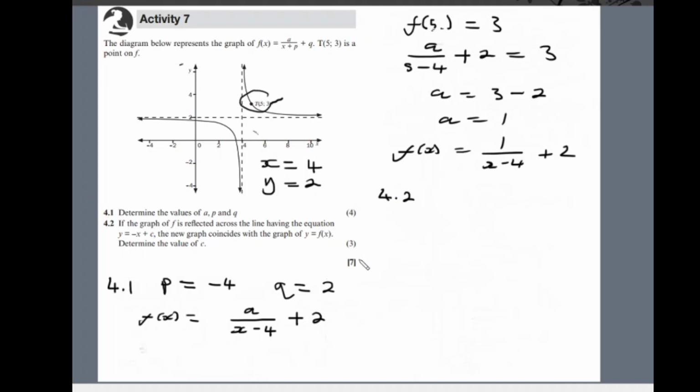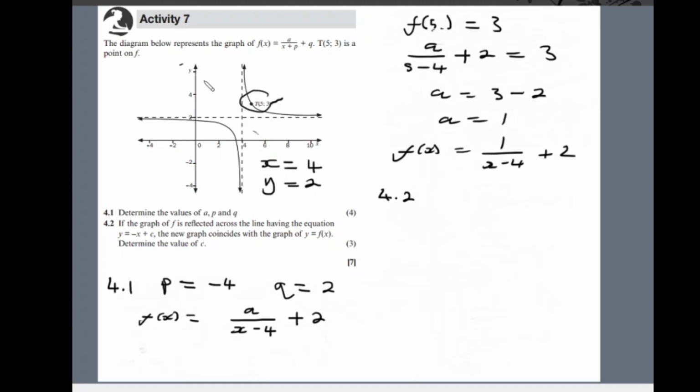Okay, and then we go to 4.2. They say if the graph of f is reflected across the line having the equation y equals minus x plus c, the new graph coincides with the graph of y equals f of x. Determine the value of c.